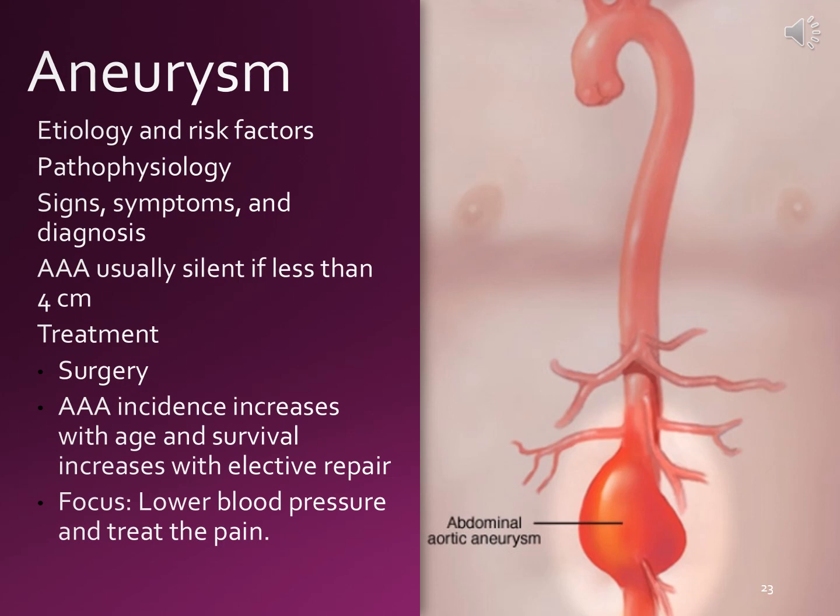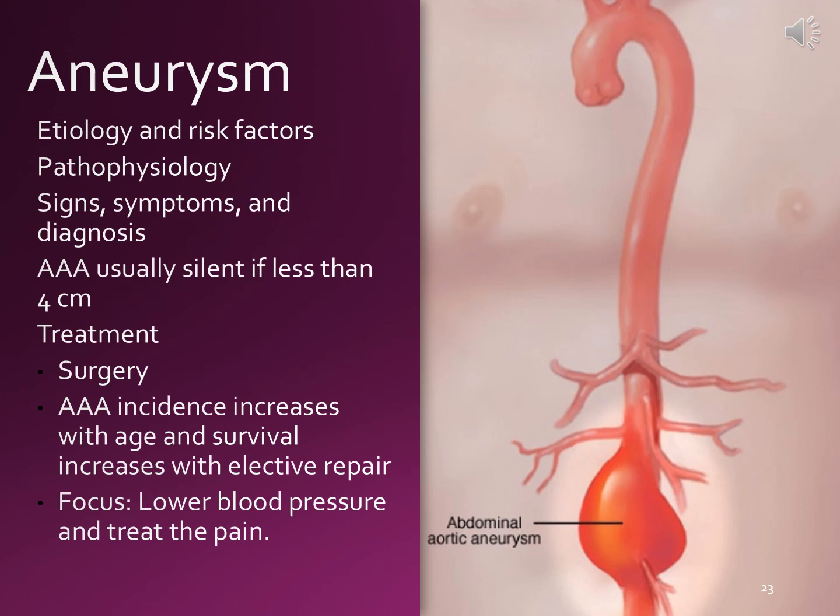And as it says on the slide, if they're small, less than 4 centimeters, they're usually silent. And sometimes when they do an abdominal exam, that's why you look for those pulsations or masses when you're doing that palpation or the inspection on an abdominal exam.